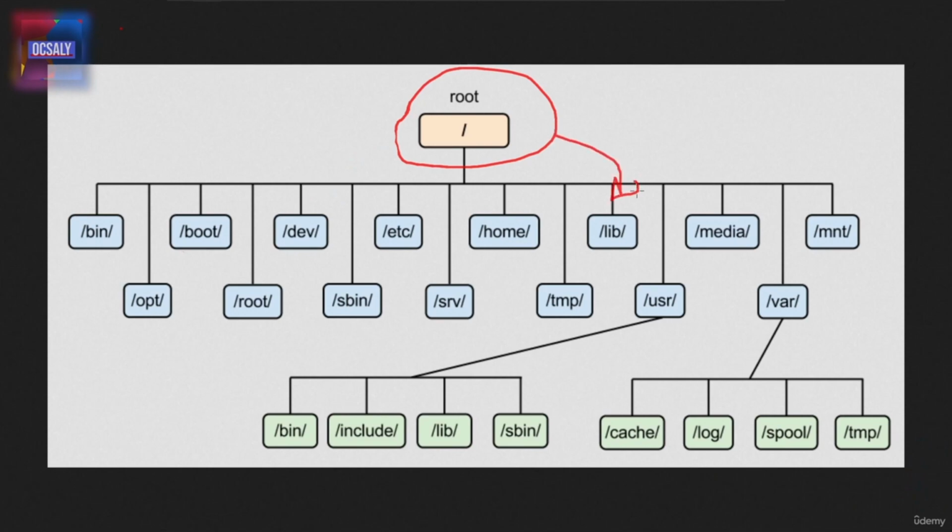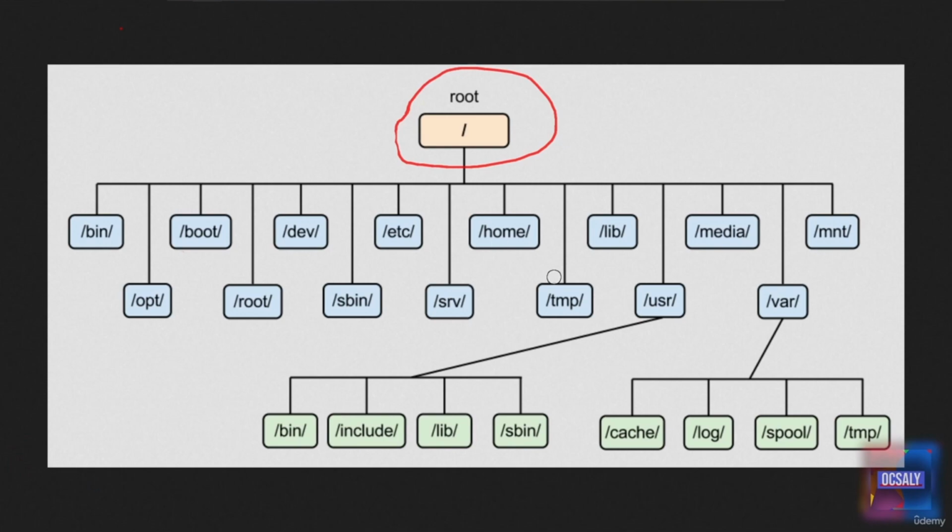This is the library directory where the system and application library files are stored. We also have the libname directory, though in this representation we don't have that. Actually, yes, this is the libname directory, where the alternative format system and application library files are stored.